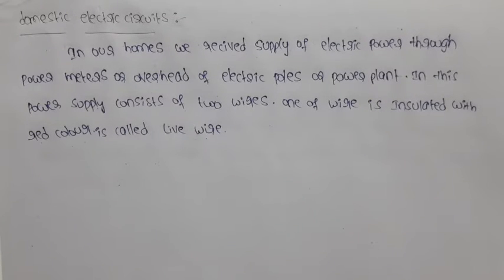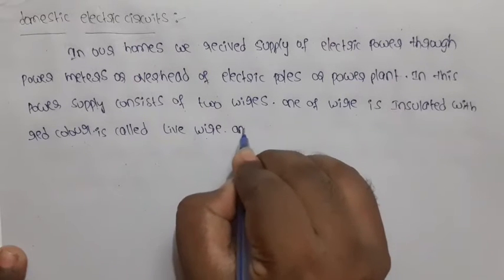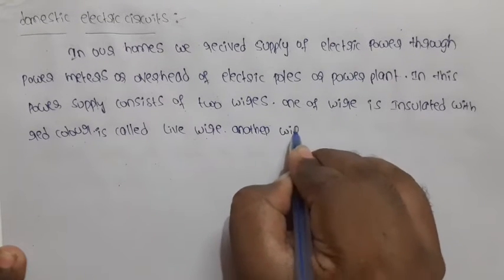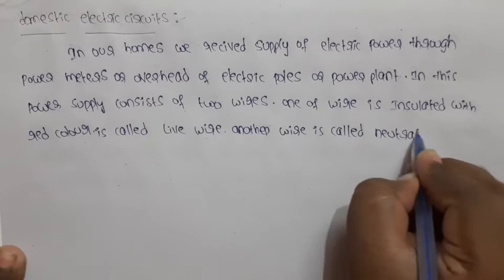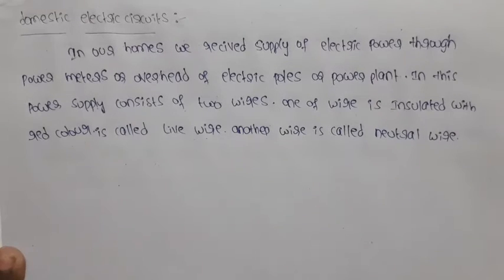Another wire is called the neutral wire. So the power supply consists of two wires. The first one is insulated with red color and is named the live wire. The next one is the neutral wire.